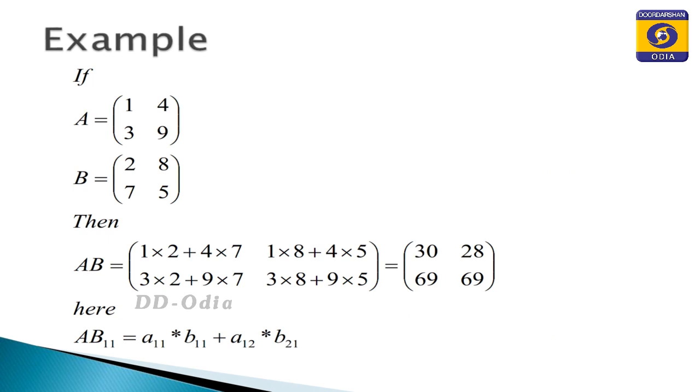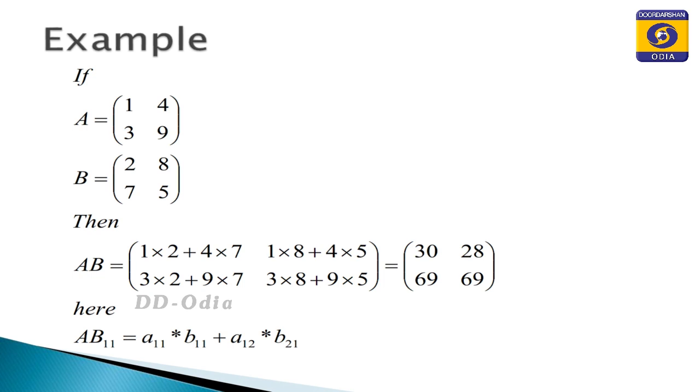Here is an example. Suppose A is the matrix 1, 4, 3, 9 and B is the matrix 2, 8, 7, 5. Then A cross B: first row of A is 1, 4, so we multiply with 2, 7: 1 into 2 plus 4 into 7. Similarly, 1, 4 with 8, 5: 1 into 8 plus 4 into 5.